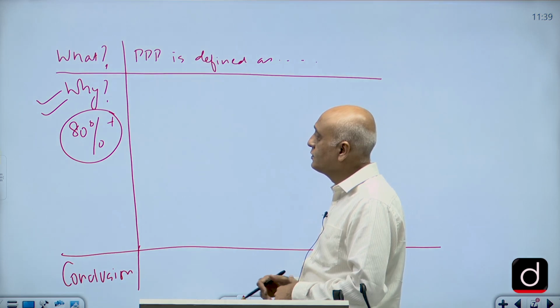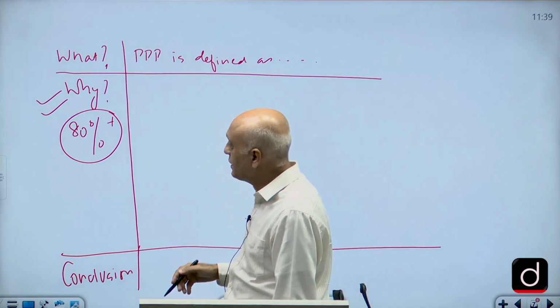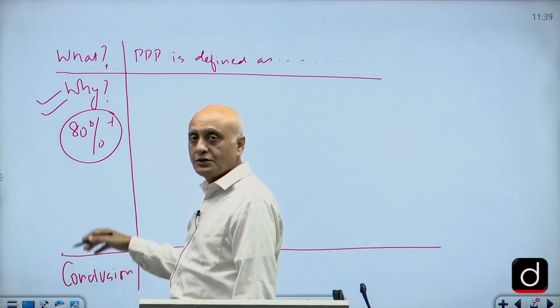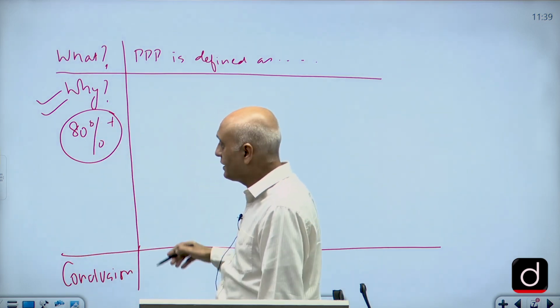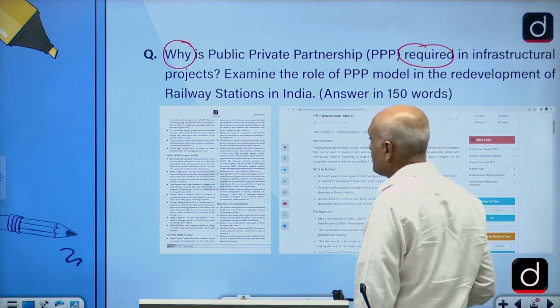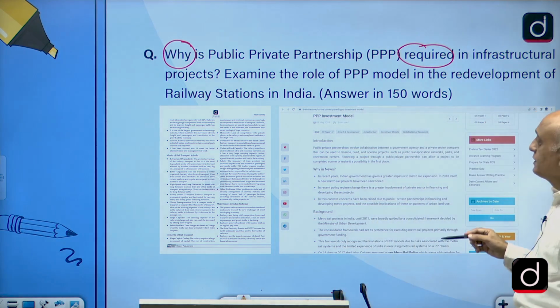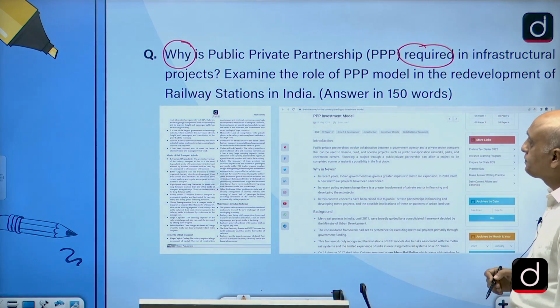So moving on to why do we need PPP? This is one part of the question. So do you think the whole answer is on this part, or you have some other element also? Because if you have another question within the same question, then you must take care of balance between the two.